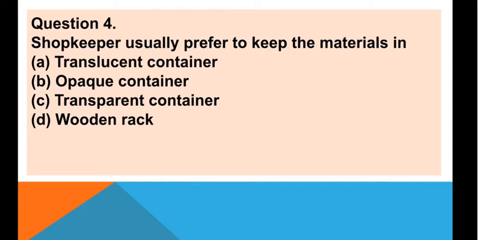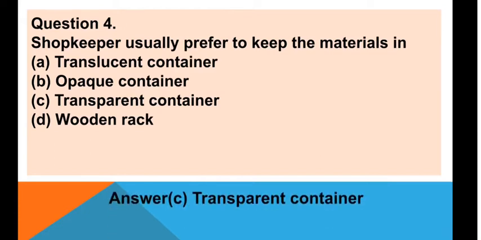I have given you an example while discussing sorting material into groups in the Part 1 video, so you can pick out the answer very quickly, because shopkeepers usually prefer to keep biscuits, sweets and other eatables in transparent containers of glass or plastic, so that buyers can easily see these items, and the container saves the product from attack of fungus, dust and foreign materials. Okay, so the correct answer will be transparent container.